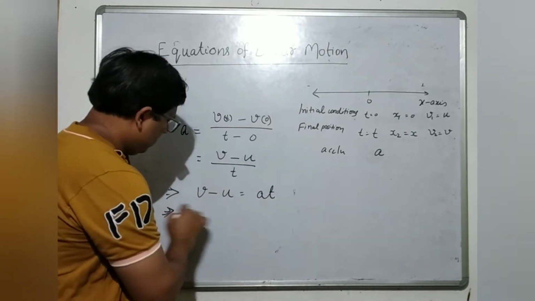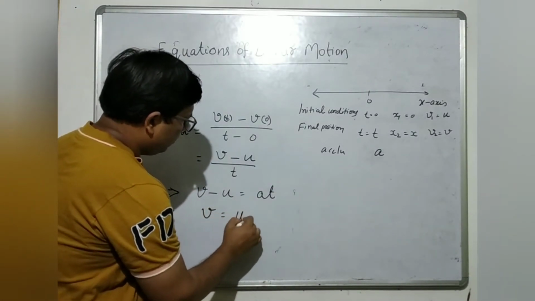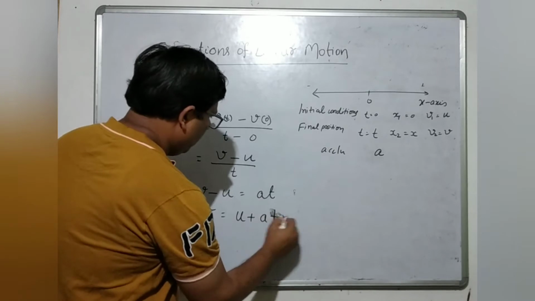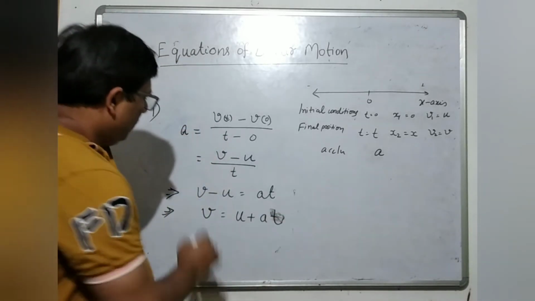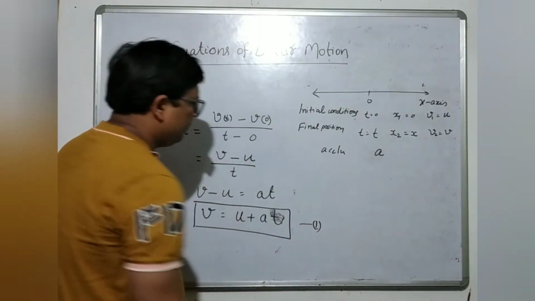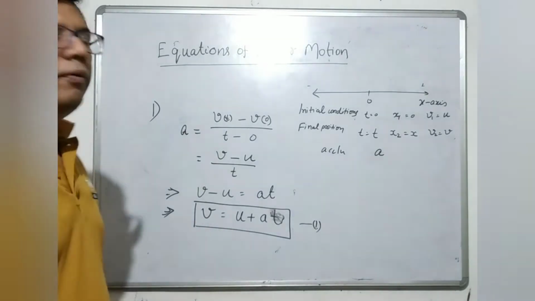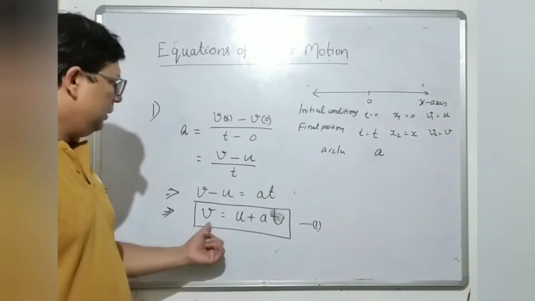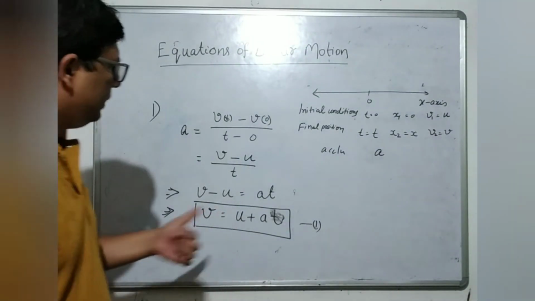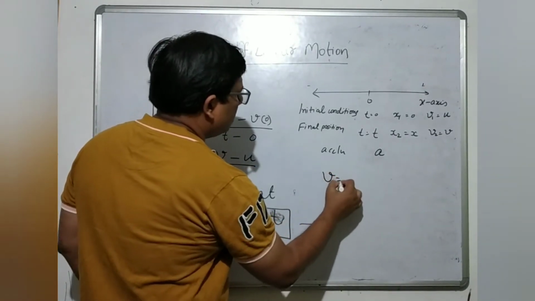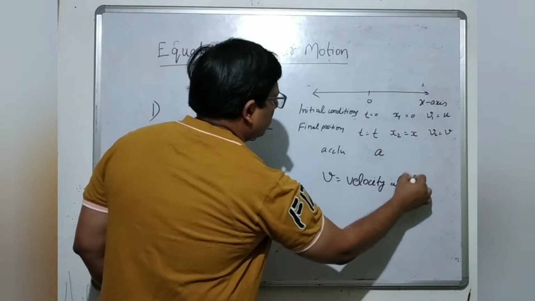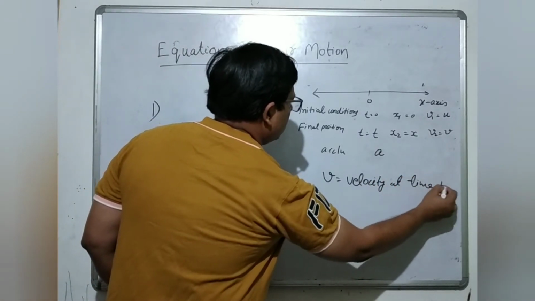So velocity v is equal to u plus at. This is our first equation of motion: v equals u plus at. How will you define this? You can write v is the velocity at time t.